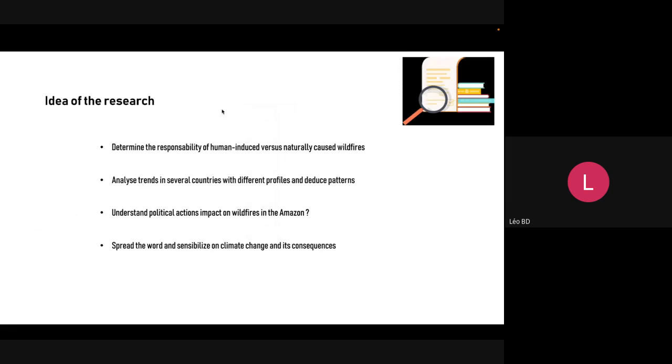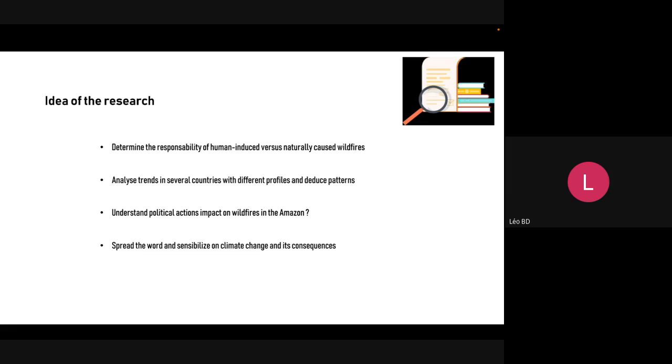Now I'll talk a bit about the research that was initiated by Luis Carlos, the idea behind it, and what we want to do with these ideas. The idea of the research is to compare meteorological data and causes of the wildfires to political actions.